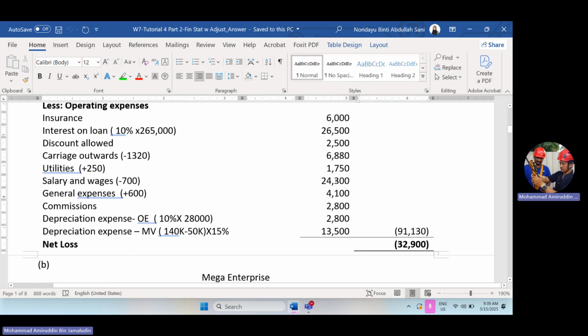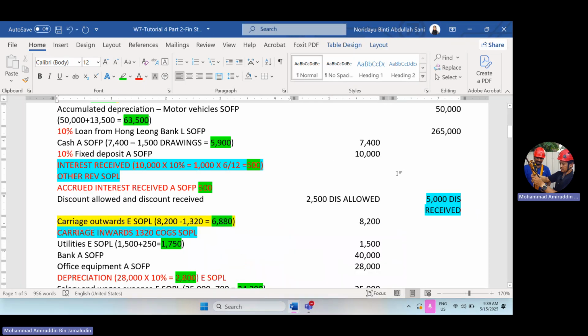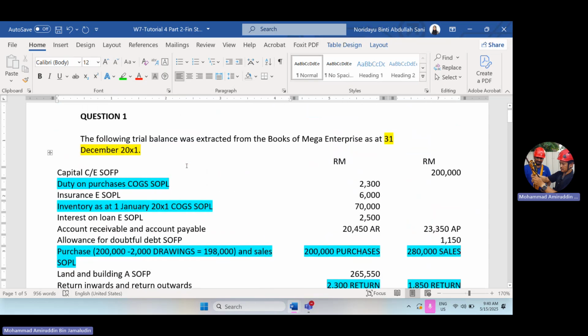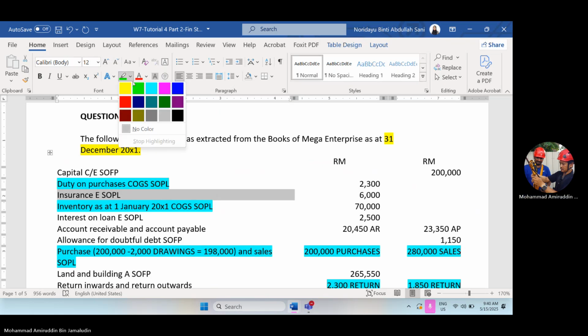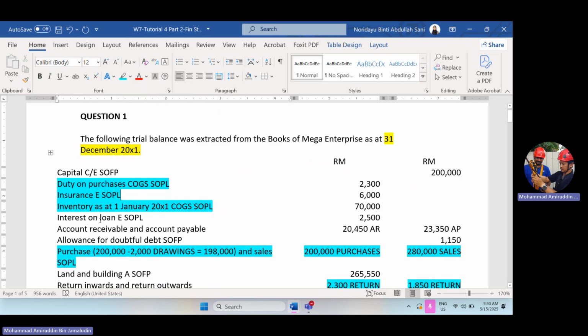Now we can transfer all the expenses. I have 4, 6, 8, 12. 12 expenses. You see? Very long expenses in the exam. Where are the expenses? Insurance expense, 1. Interest on loan, 2.